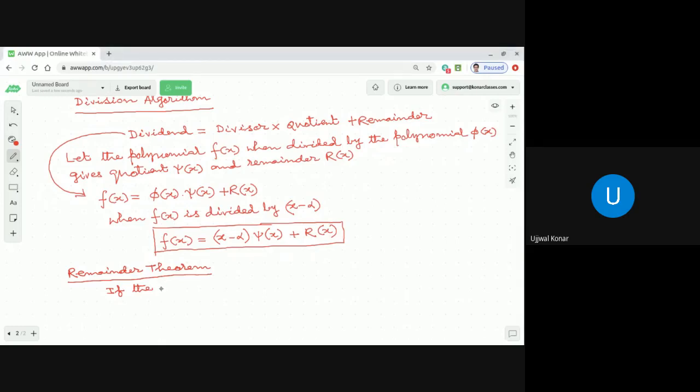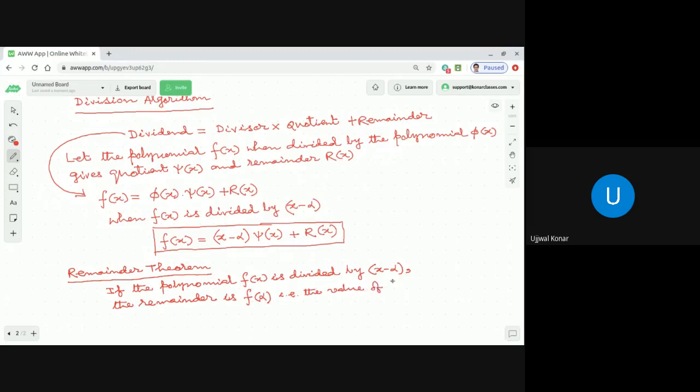So let me write it down first. If the polynomial f(x) is divided by x minus alpha, the remainder is f(alpha), correct or not?